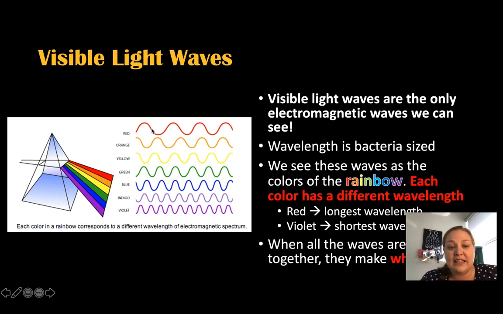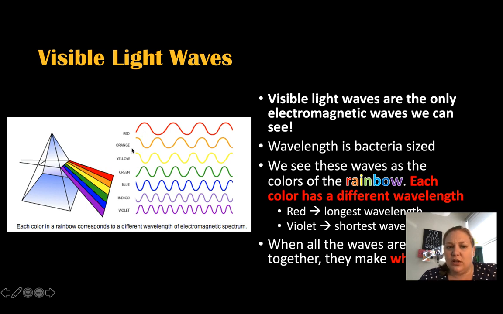So red has the longest wavelength, so it's going to be the lowest energy color. That is why, like on naval ships, they will use red lights. They're less likely to be picked up. They're not sending a great big beacon that says, hey, we're here, come visit. Violet is the shortest wavelength or the highest energy.